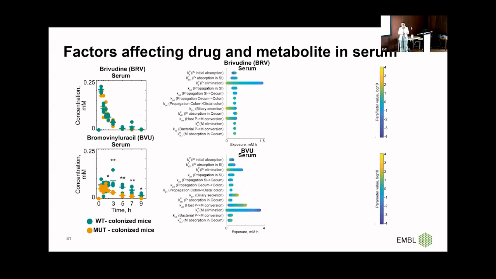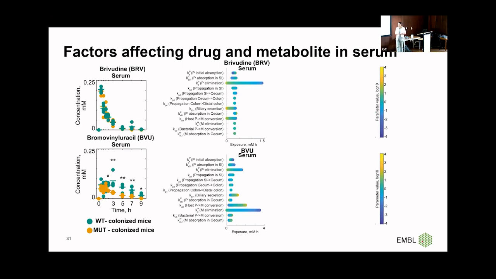Yeah, there is a question. In your mutant colonized mice, you see an increase of BVU very much at the beginning that goes to the same height as the wild type mice, but then the persistence of the BVU is longer. So you get metabolism of the drug, but then it persists for longer. What is the explanation for that?